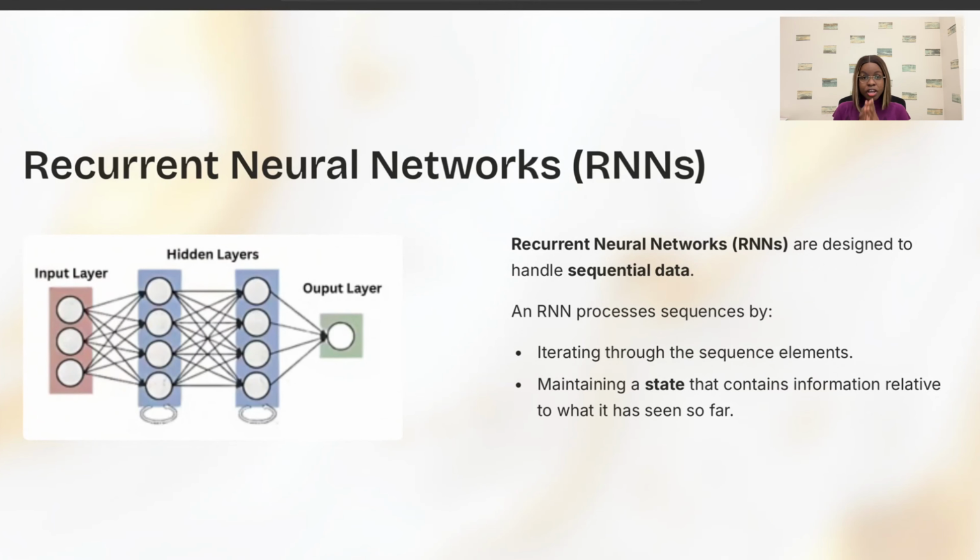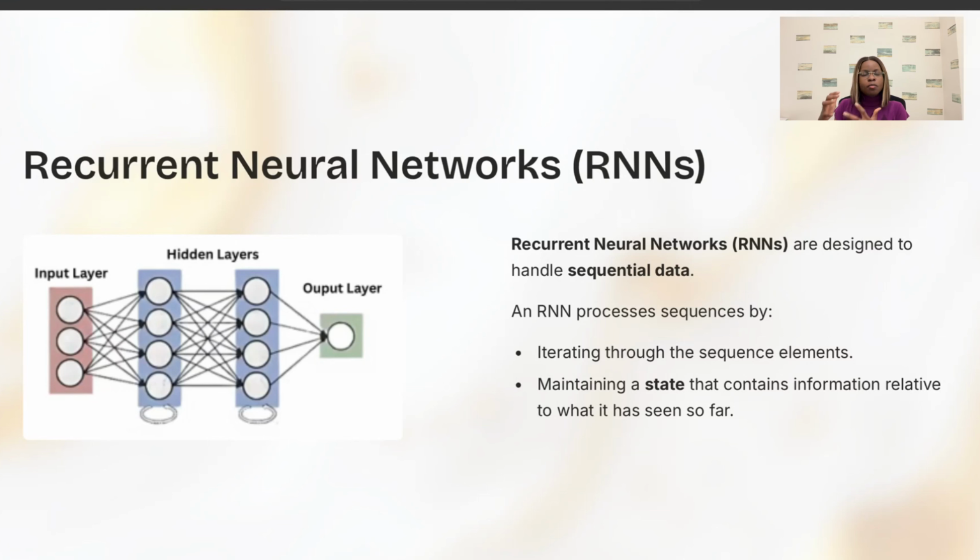RNNs, recurrent neural networks, are neural networks that are designed to handle sequential data. They process sequences by iterating through the sequence elements, and they maintain something called a state. Let me give you an analogy. As you're listening to me, your brain is picking up what I'm saying word for word and following me as I'm saying it.